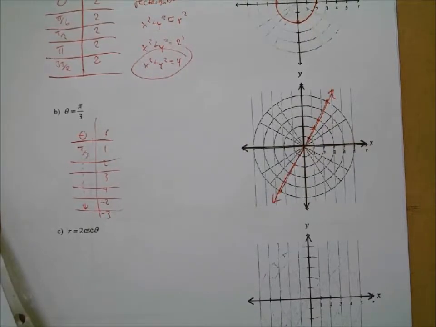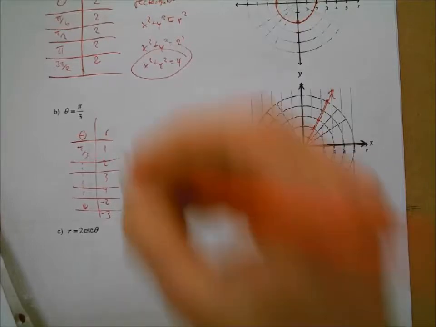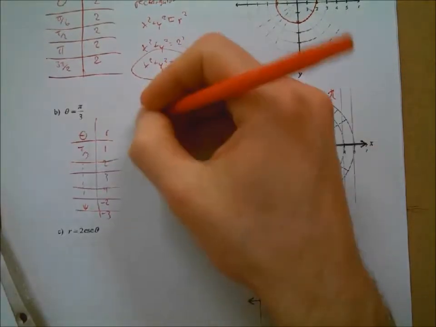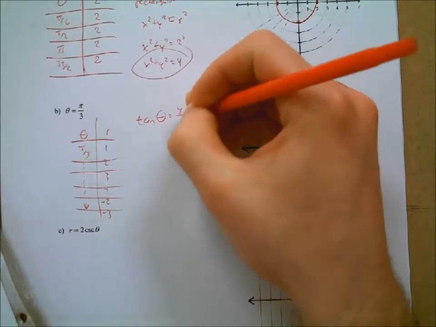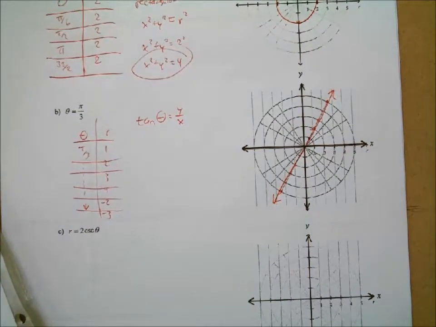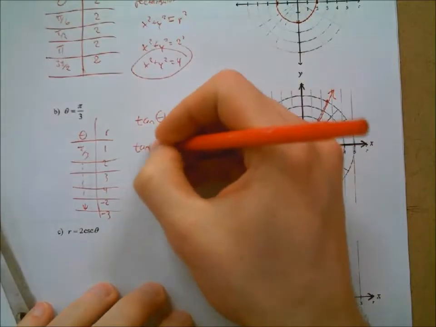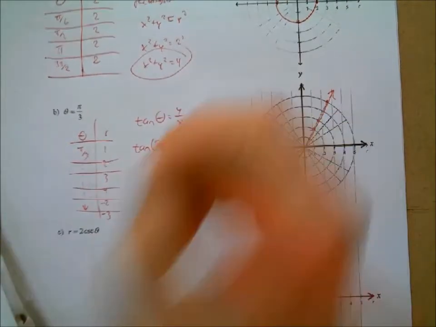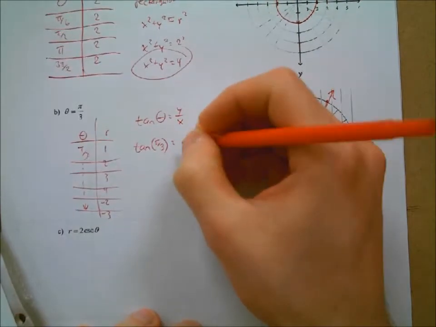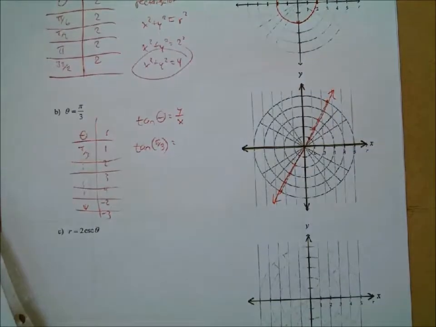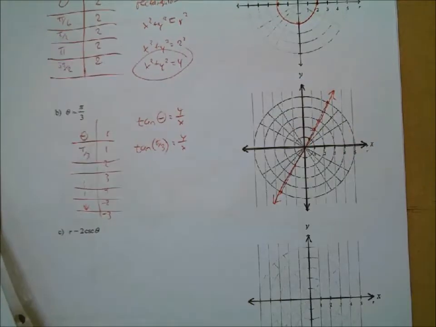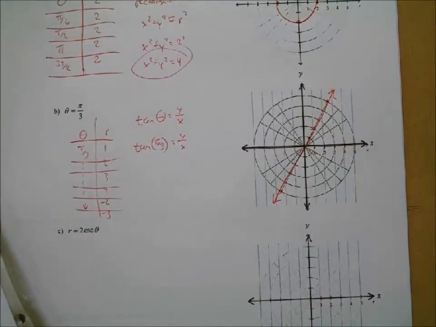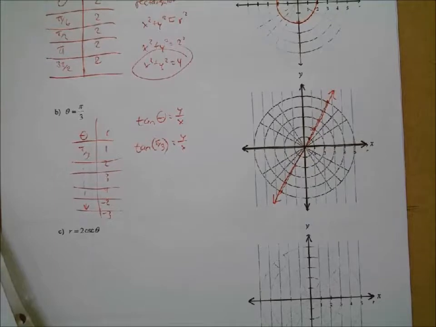A way to represent this is to use the tangent relationship here. Tangent theta equals y over x. So tangent of pi over 3 will equal y over x, because again, theta will always be pi over 3, so we just replace that theta with pi over 3. But what is tangent of pi over 3? This one's a little bit harder to remember.